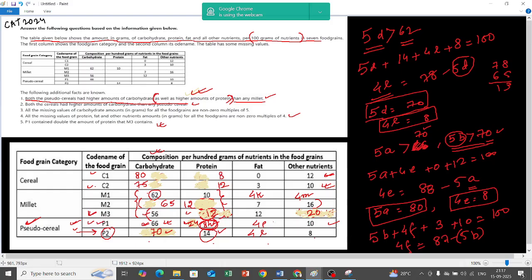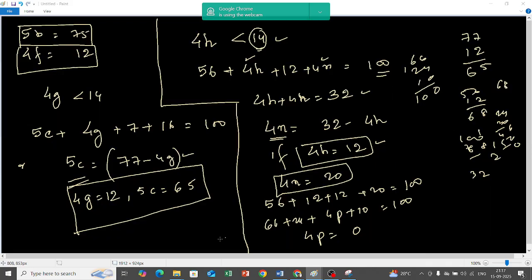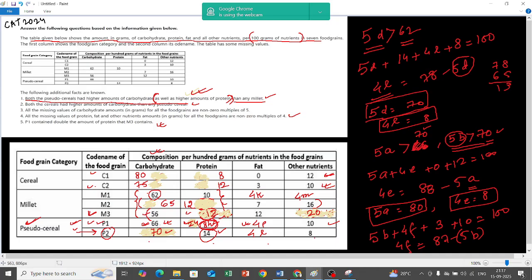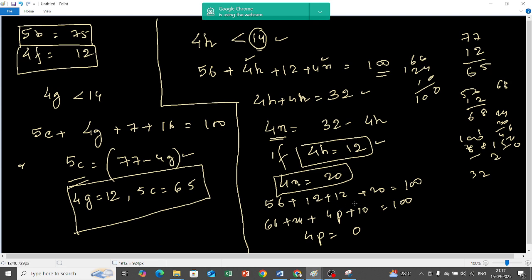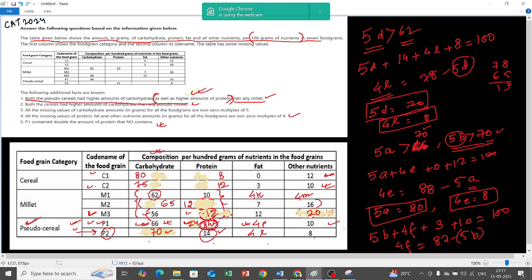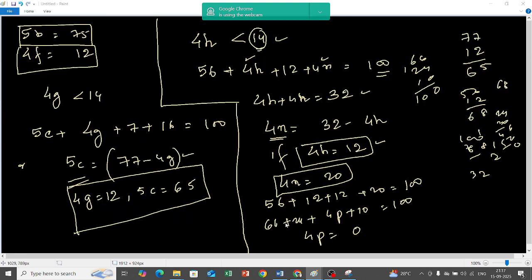Did you understand? If I take 8h as 24, then I add this row, 66 plus 24 plus 4p plus 10, and equate it to 100, I am getting 4p as 0.